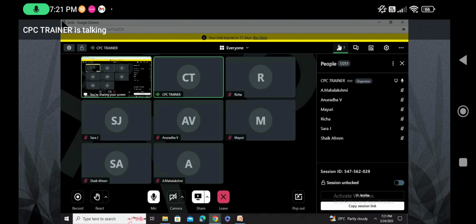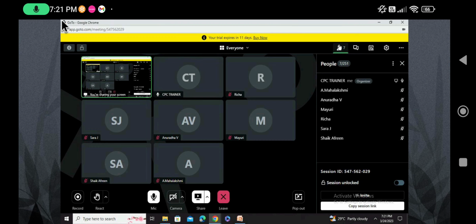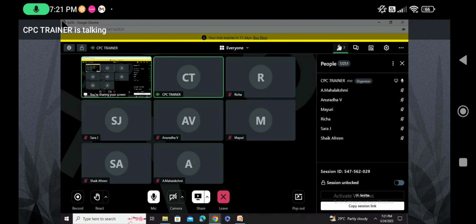Now I will give you the key points one by one, guys. Please note them down. These key points help you to get the code soon. The first key point, please note down: you have to check open or laparoscopic approach for inguinal hernia.